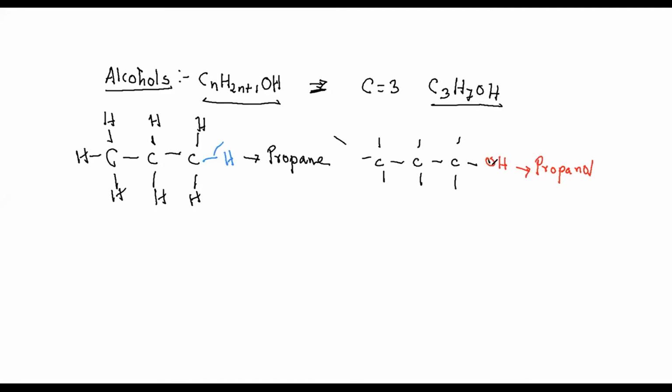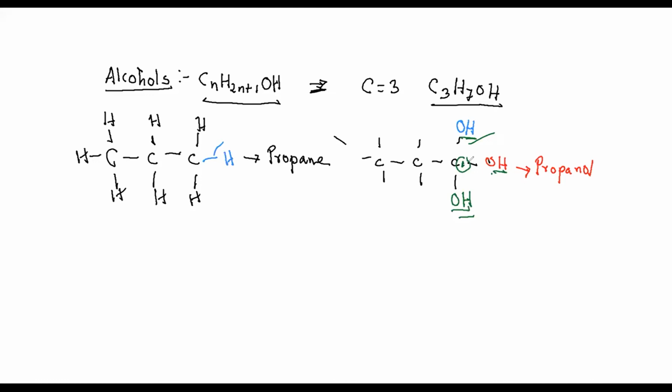Now, if the OH, instead of being here, is here, will it be different? This is the red OH, this is the blue OH, and this is the green OH. Will the compound be the same or different? Same. If it's here, this is still the first carbon. If it's here, this is still the first carbon.